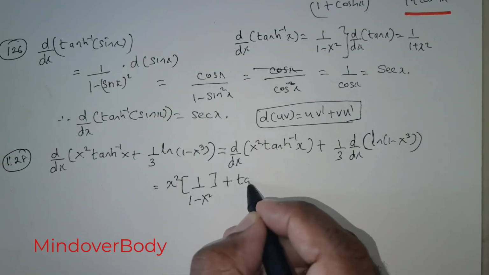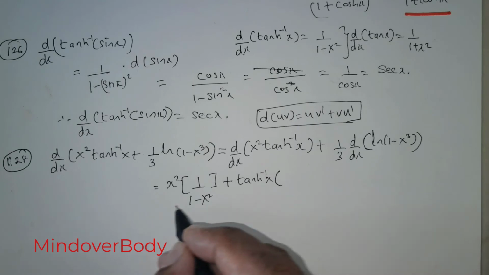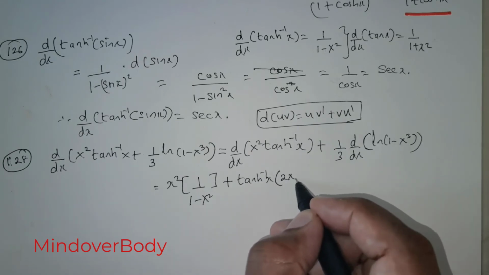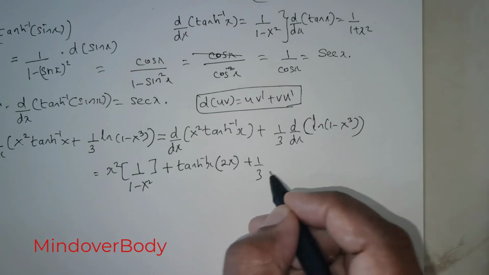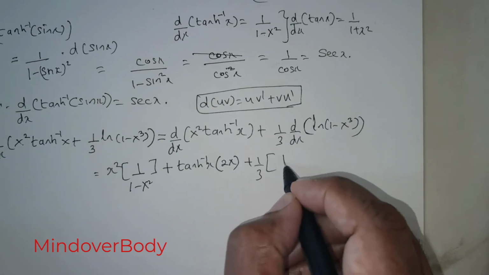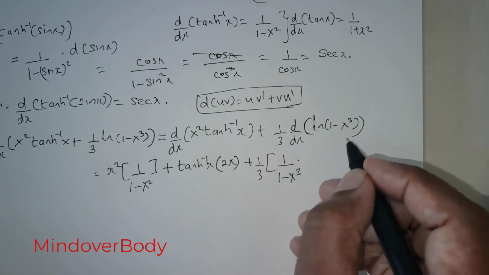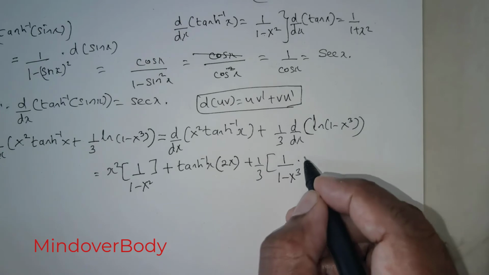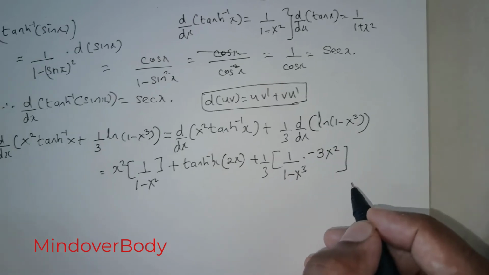So this is the formula I'm applying, right? So plus tan inverse of x times differentiation of x squared, that's going to give me 2 times x. Plus 1 over 3 times differentiation of ln of 1 minus x cubed, that's going to be 1 over 1 minus x cubed times differentiation of 1 minus x cubed, that's going to be negative 3 times x squared.